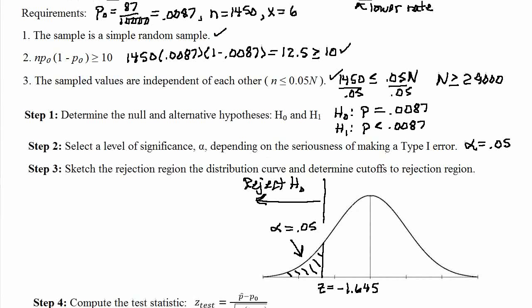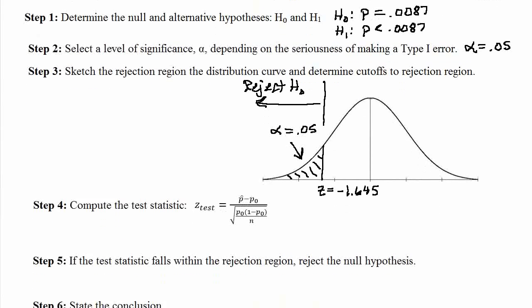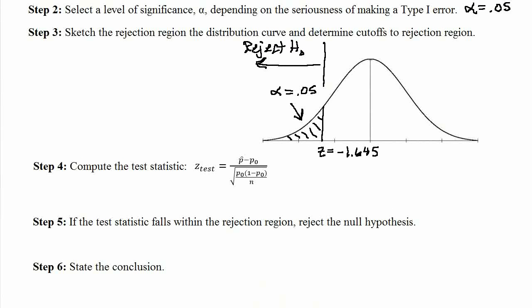Okay, so now we need to compute that test statistic. So the formula for the test statistic here is p hat minus p0 divided by the standard deviation of the p hat distribution, the sampling distribution for the sample proportion, and that's the square root of p0 times 1 minus p0 over n.